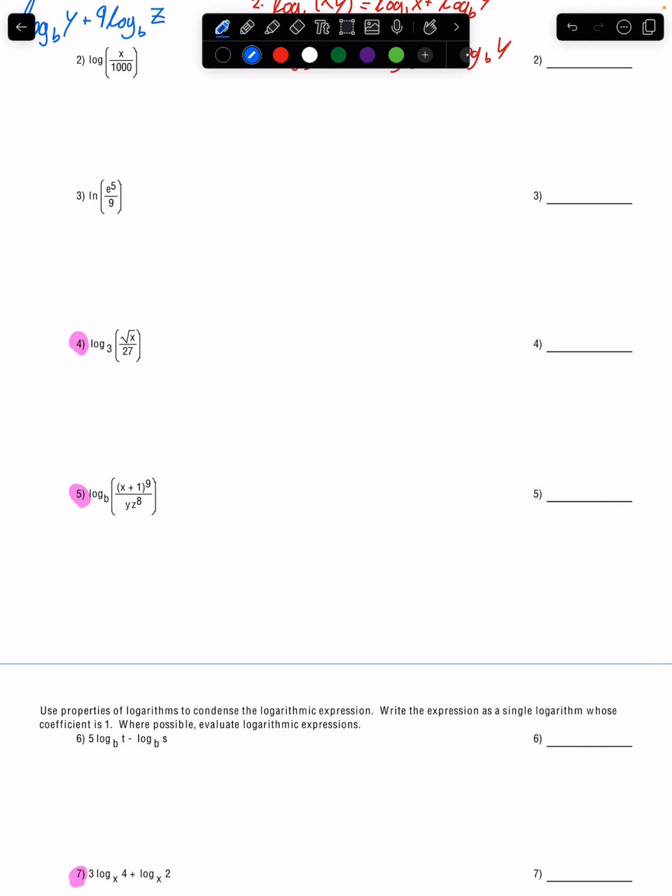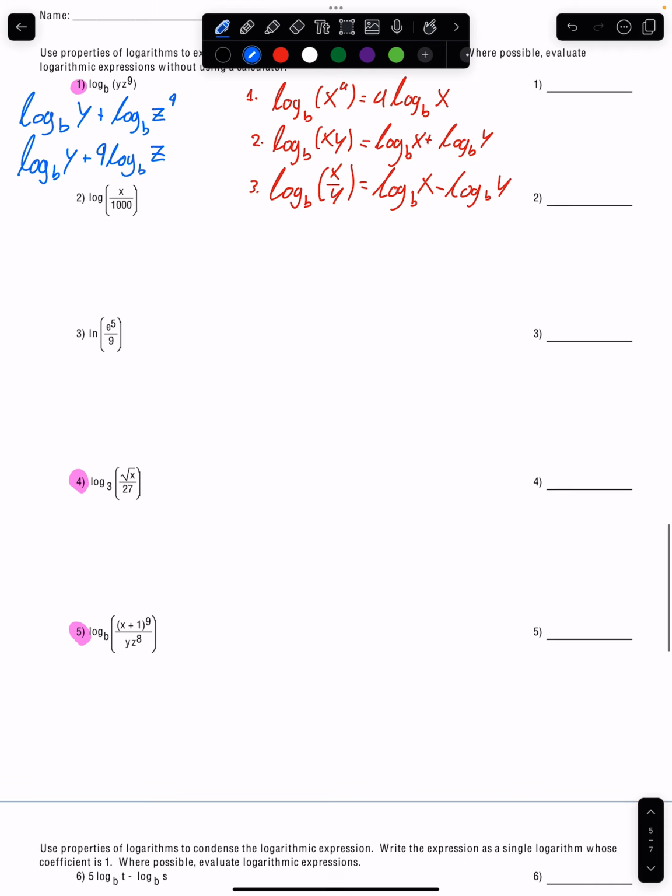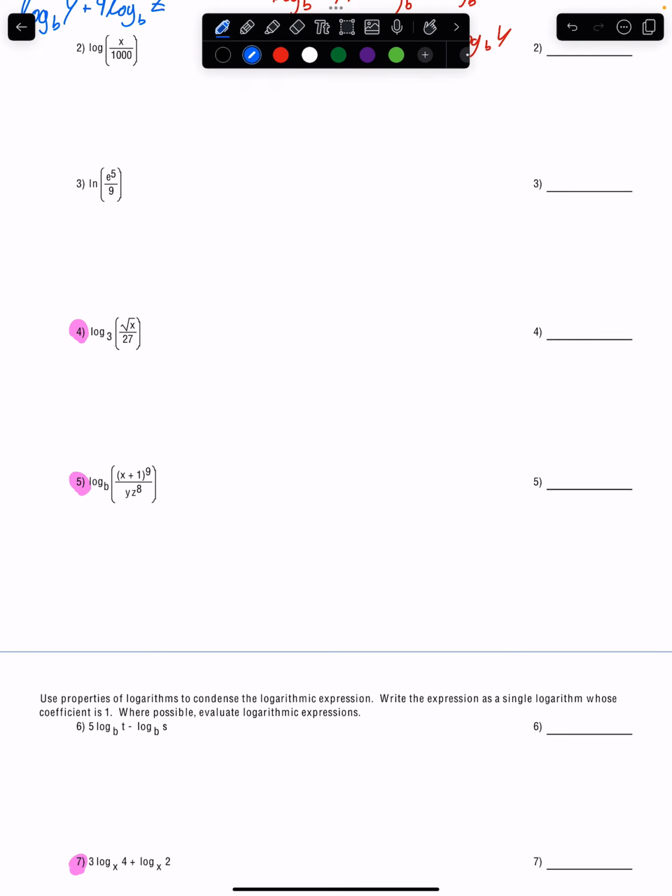Now for number 4, we have log base 3 of the square root of x over 27. We can change this by using rule number 3 into the log base 3 of x to the 1/2 minus the log base 3 of 27. We can move the 1/2 to the other side, like this.